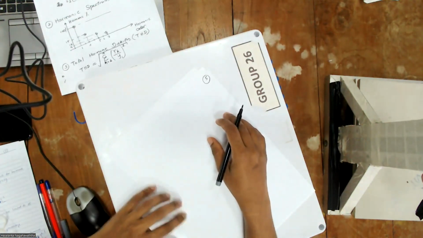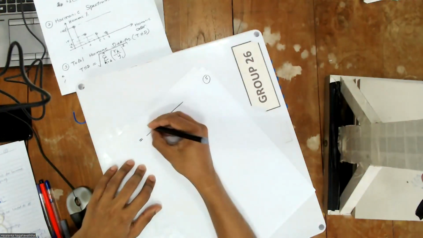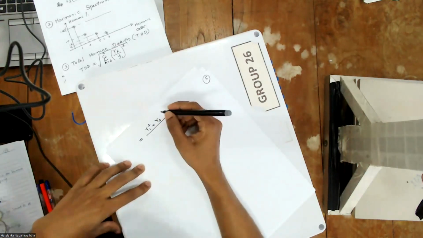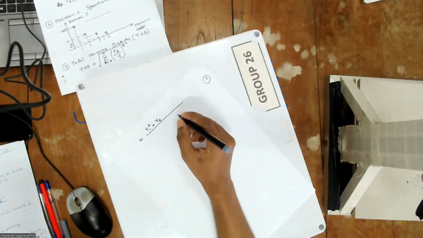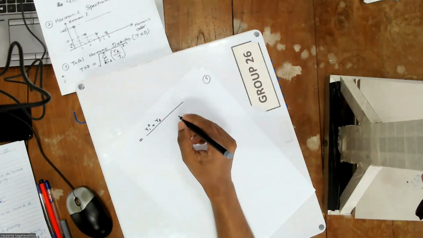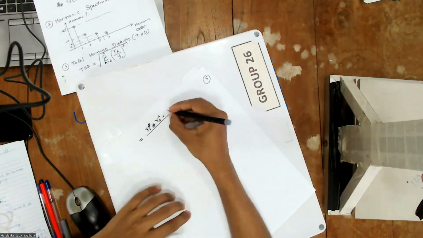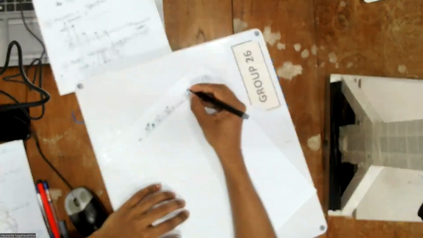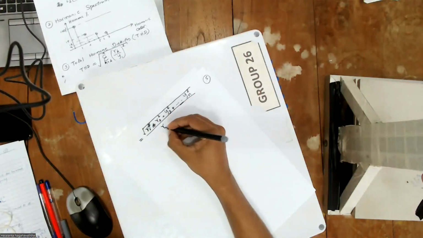We can denote it as Y2 squared plus Y3 squared plus up to Yn squared, take the square root, and divide it by Y1.